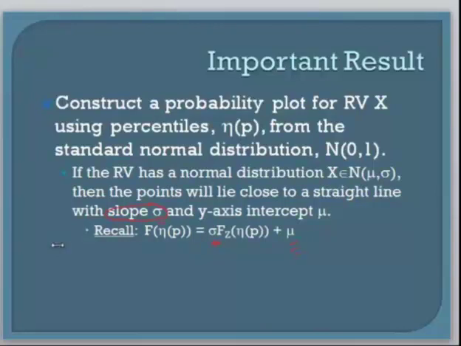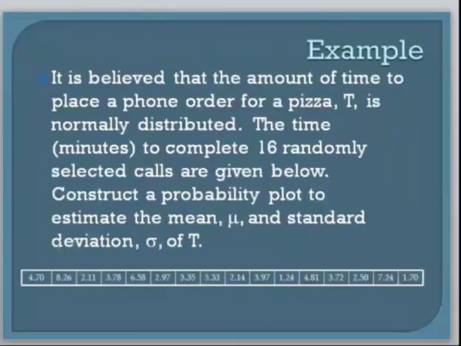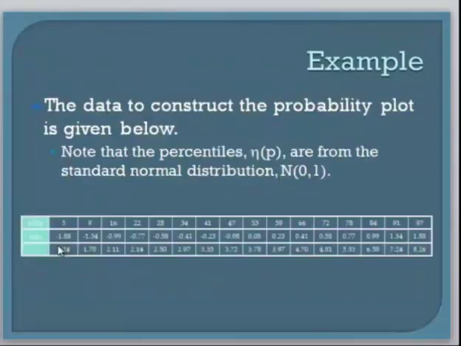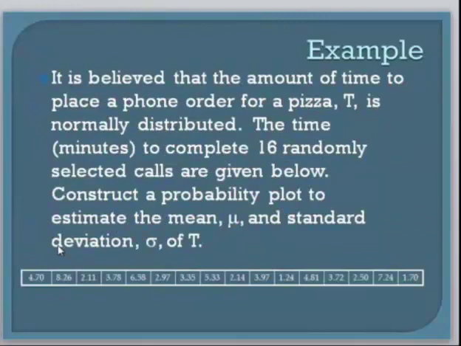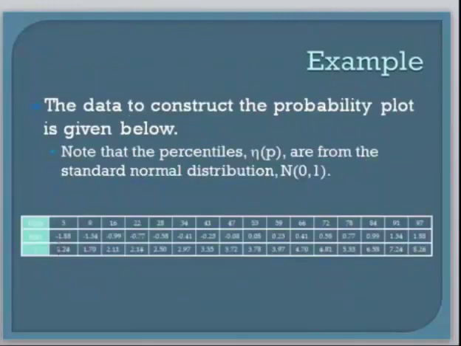Slick, huh? So let's say, for example, it's believed that the amount of time to place a phone order for a pizza is normally distributed. The time in minutes to complete the 16 randomly selected calls are given below. We're supposed to construct a probability plot to estimate the mean and the standard deviation. So we can do that, right? We can figure out if we've got 16, we construct our coordinates there and the eta of p value.